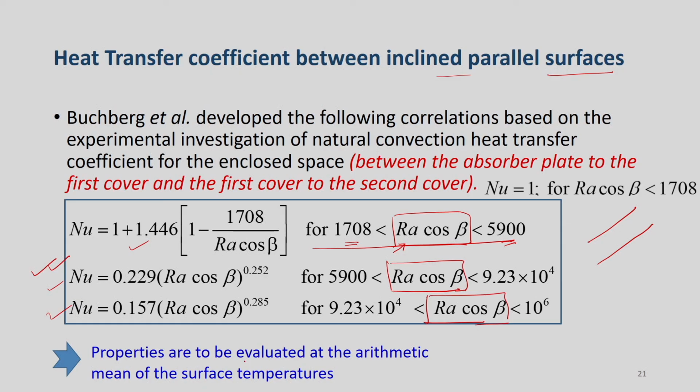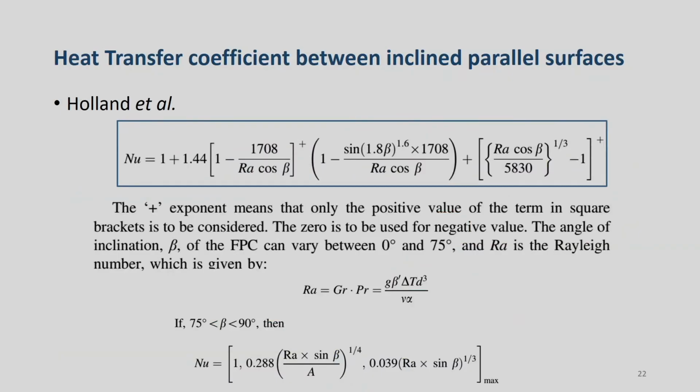Properties are to be evaluated at the arithmetic mean of the surface temperatures, the way we did in the forced convection numerical exercise. If Ra cos beta is less than 1708, then the Nusselt number is 1.